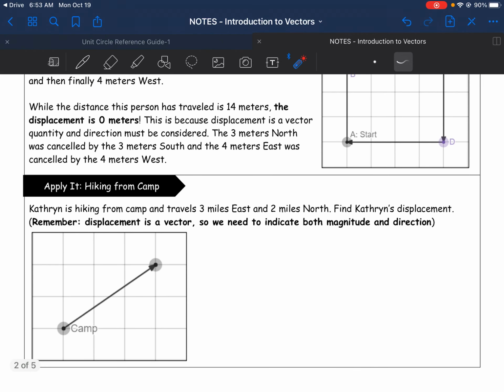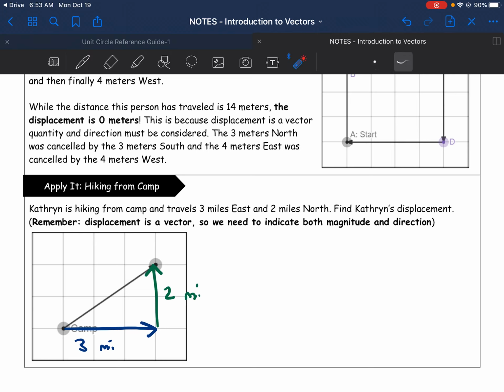Let's try another example of displacement here. So Catherine is hiking from camp and travels 3 miles east and 2 miles north. We want to find Catherine's displacement. On our little image here, again, here's the starting point, the camp. Catherine travels 3 miles east, and then Catherine's going to travel 2 miles north.